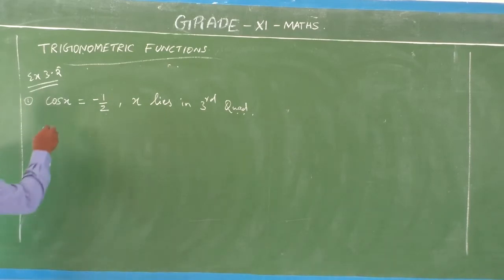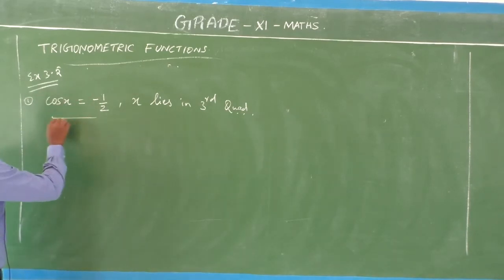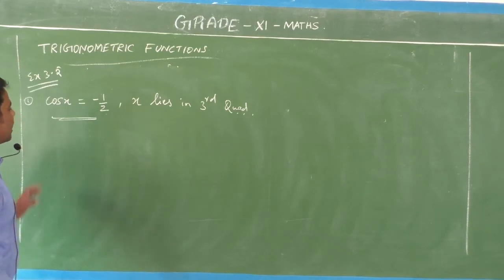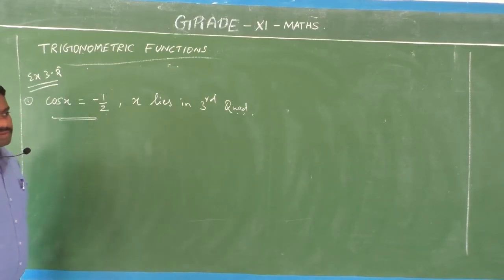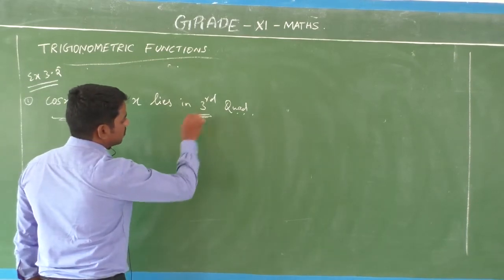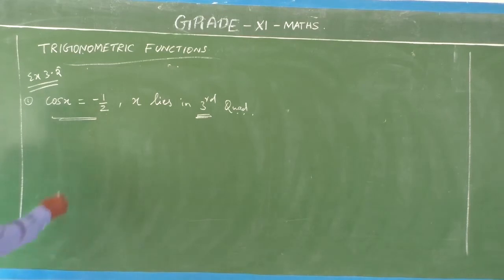We have one trigonometric ratio, cos x, and need the other 5 ratio values in the third quadrant.